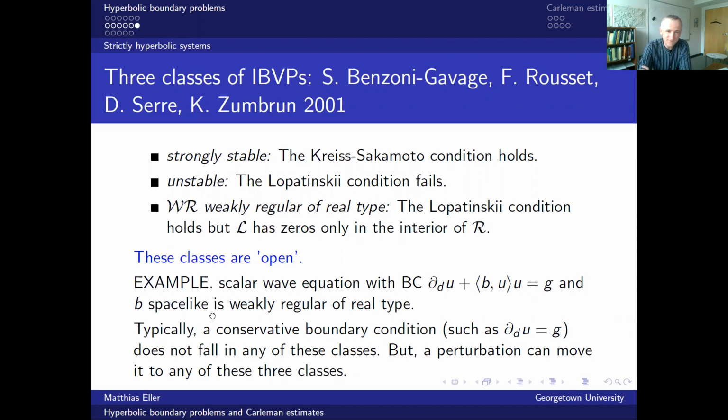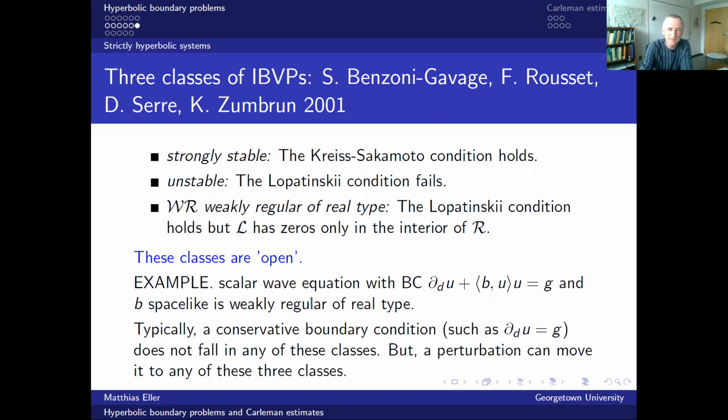And B is a space-like vector that is weakly regular of real type. That means you have the Lopatinskii condition satisfied, so you have a C infinity solution, at least with constant coefficients. Probably you can also do it with variable coefficients, I believe. But there's no guarantee of any estimates.